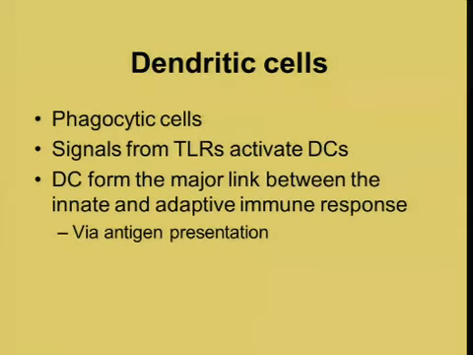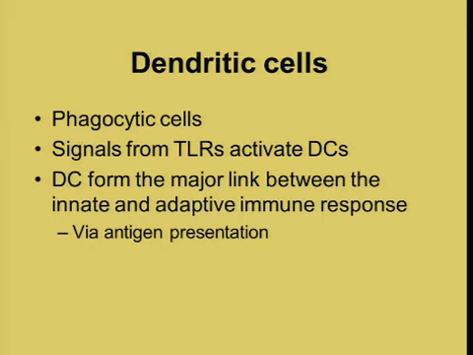And finally, dendritic cells. Their major job is to constantly present antigens to awaiting T cells. Once again, we'll cover that in the next lecture. These are the guys that are also called professional antigen presenting cells because that's their major purpose. Macrophages are also antigen presenting cells, but they also do a lot of other stuff.